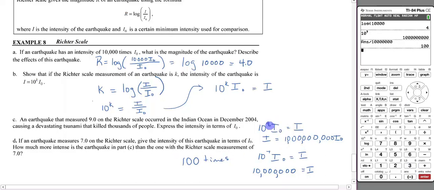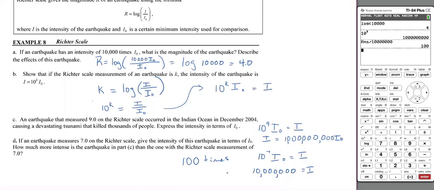And you can see that in the exponent as well. That's 1 power of 10 and another power of 10. This is 2 more powers of 10 than this one. So 10 squared is going to be 100 times as intense.